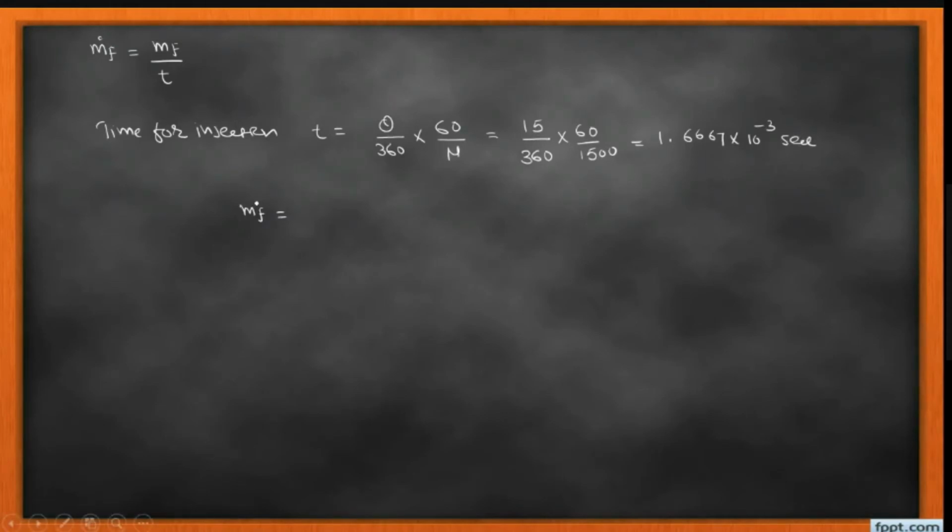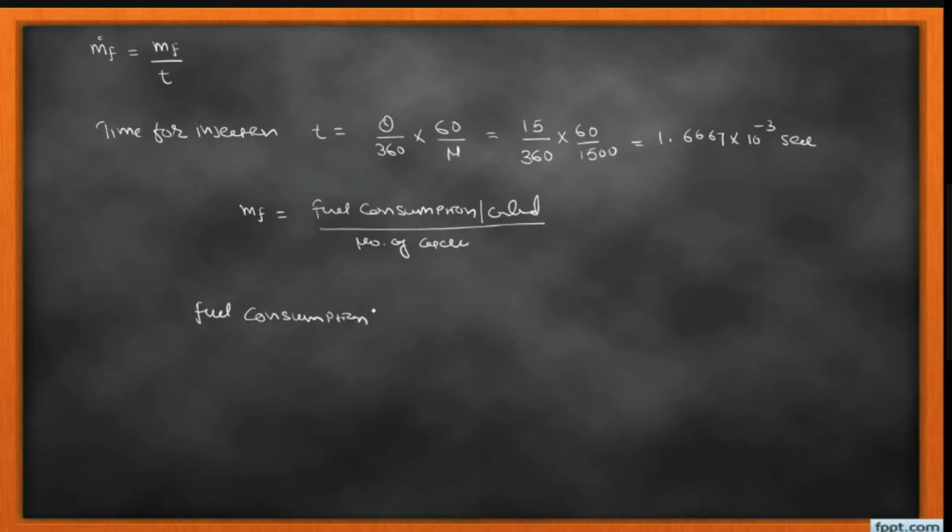Now the mass of the fuel required equals the fuel consumption per cylinder, because we have considered a single cylinder, divided by the number of cycles. So here it is important to calculate the fuel consumption per cylinder. We calculate it using the BSFC.